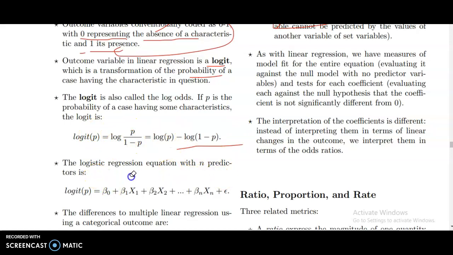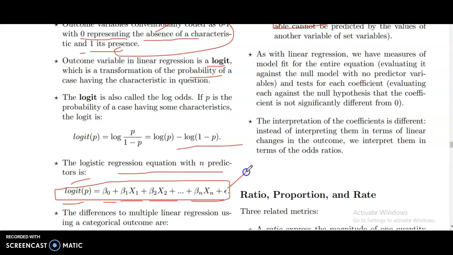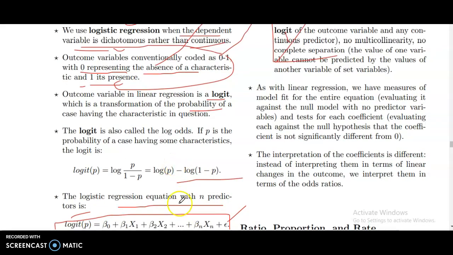The logistic regression equation with n predictors is logit of P equals theta naught plus theta 1 x1 plus theta 2 x2 up to theta n xn plus epsilon. Here we have already seen the theta naught value in the last regression.